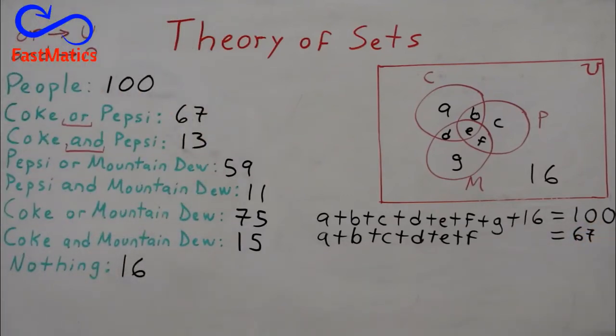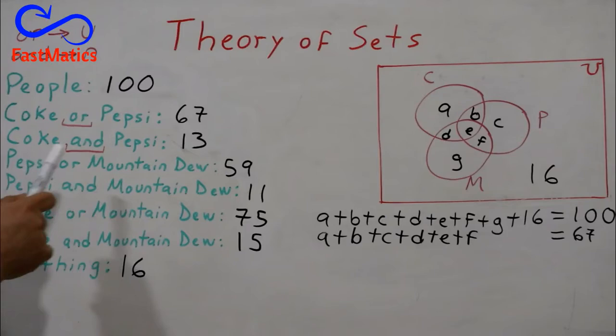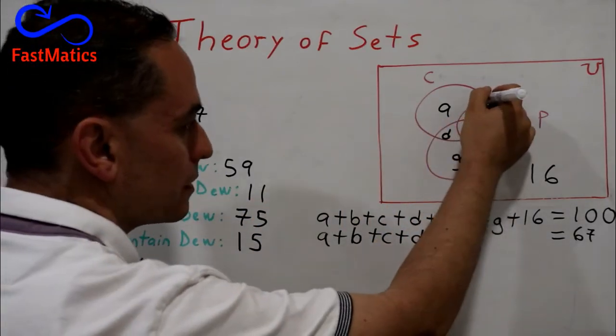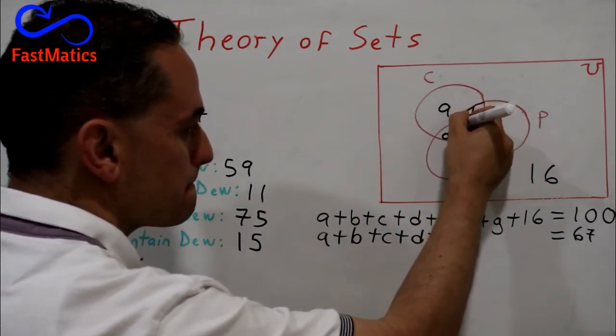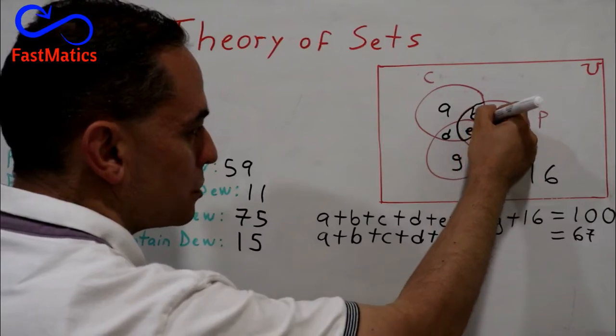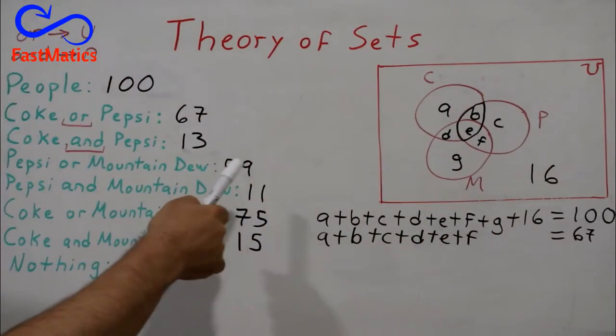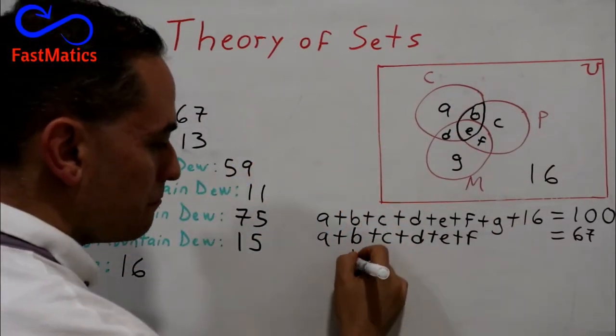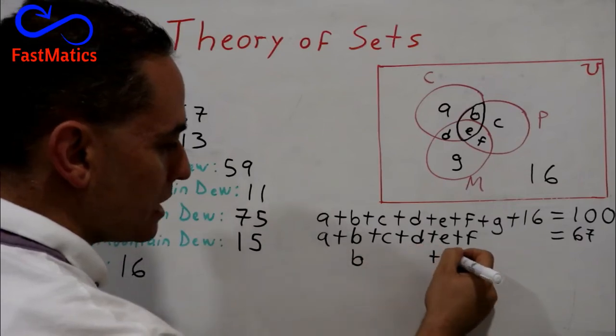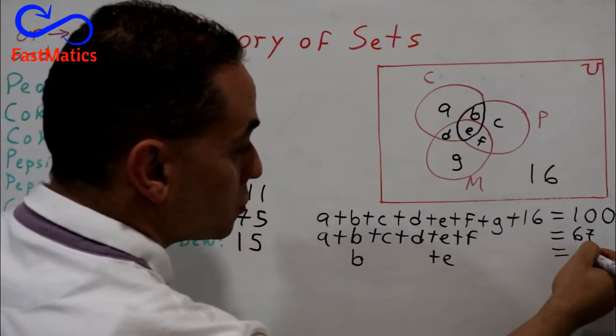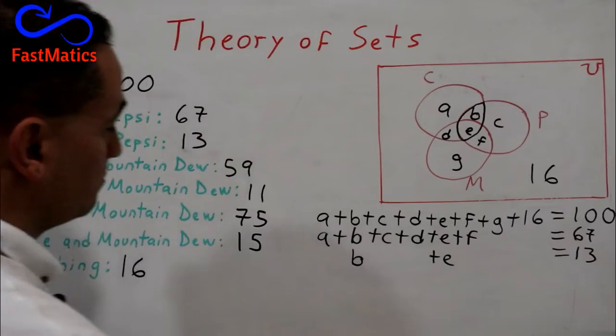After that, Coke and Pepsi mean the intersection between Coke and Pepsi here must add 13. Then B plus E is equal to 13.